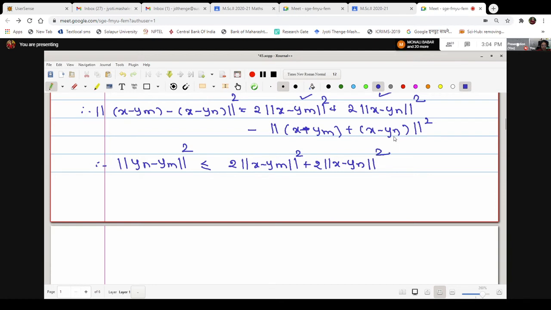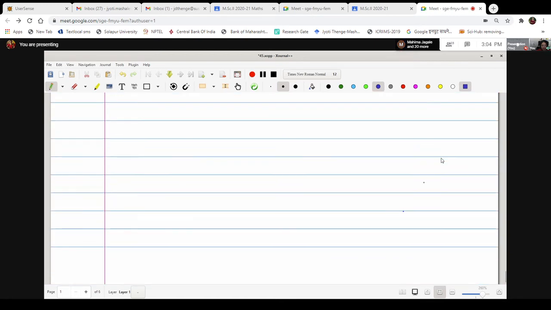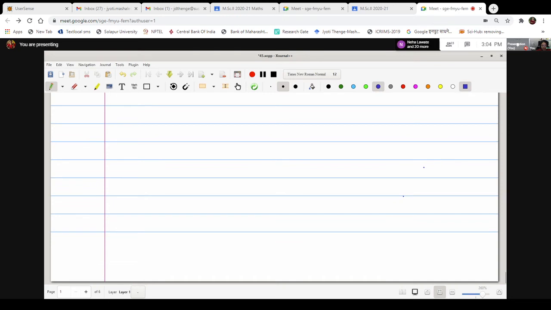This will be 2d whole square, na. 2d bracket square means it is 4d square. I'll just call it equation number 2.